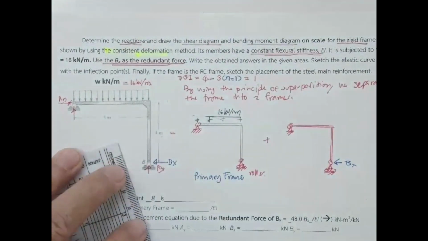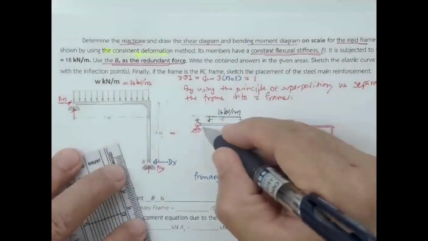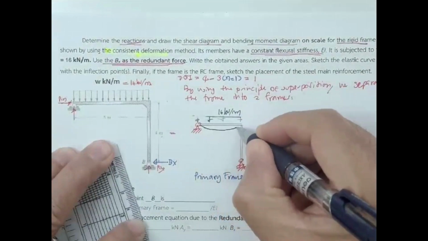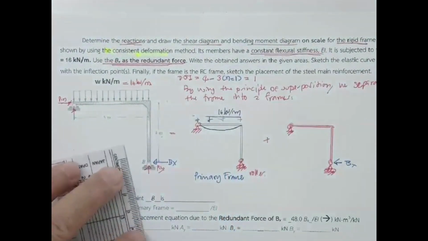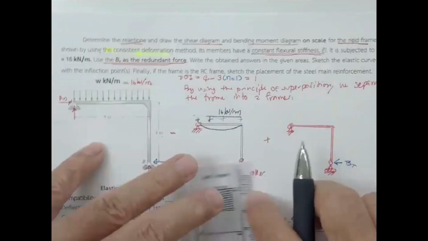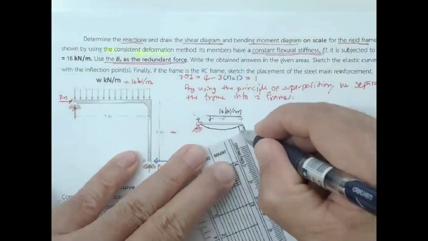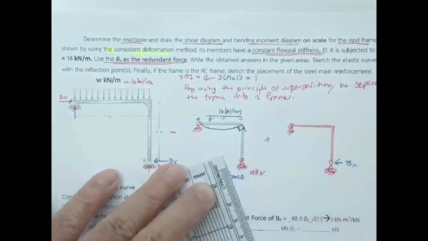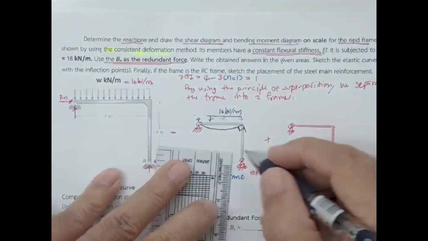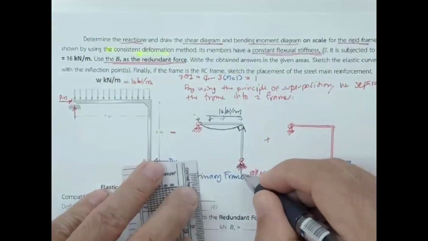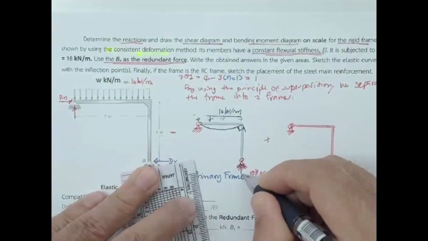Under the application of the force, this beam is going to deform like a simple beam, right? And then over here, it has to keep the 90-degree angle. And then under application of the force, over here has only vertical direction.